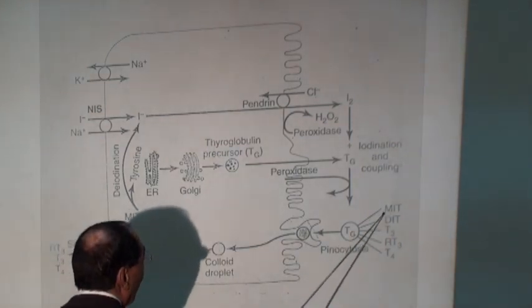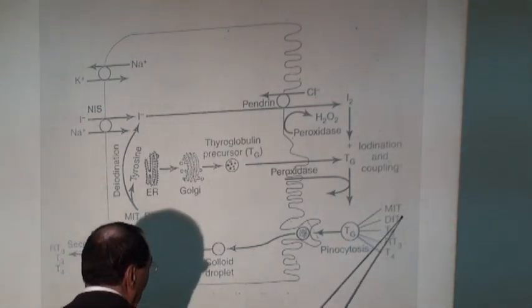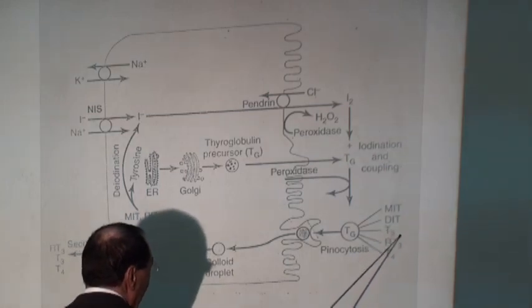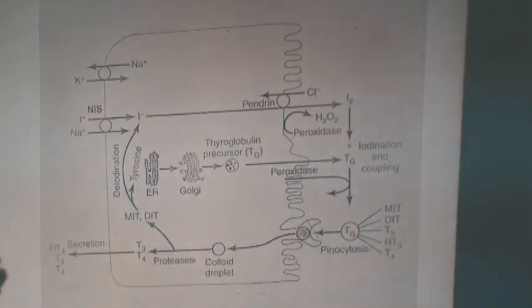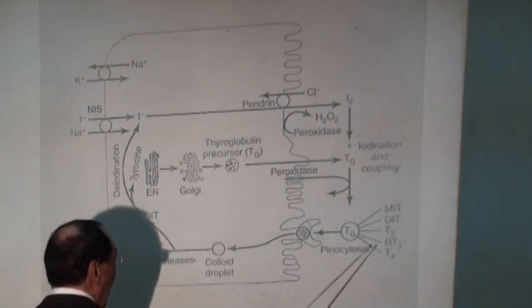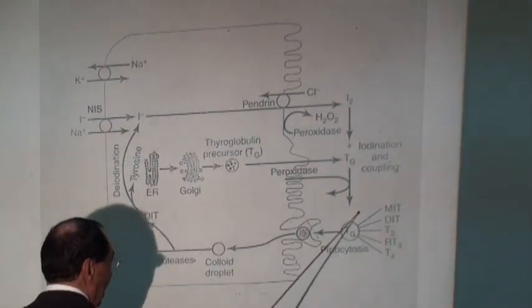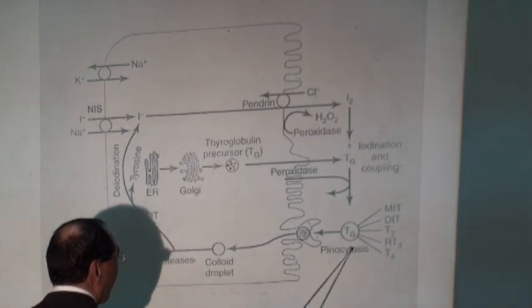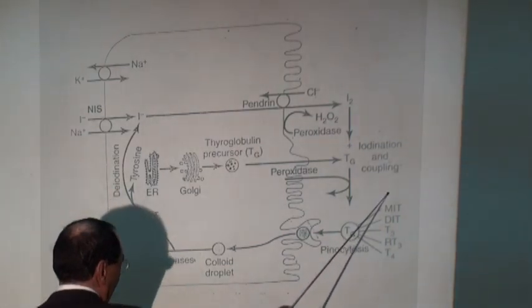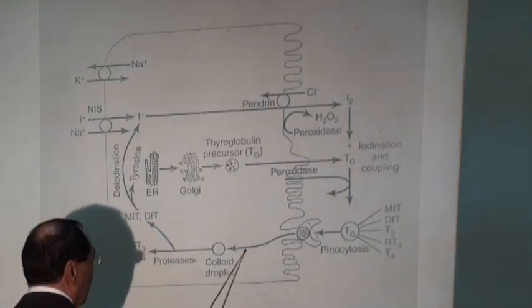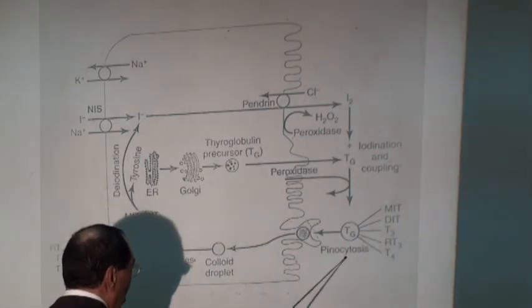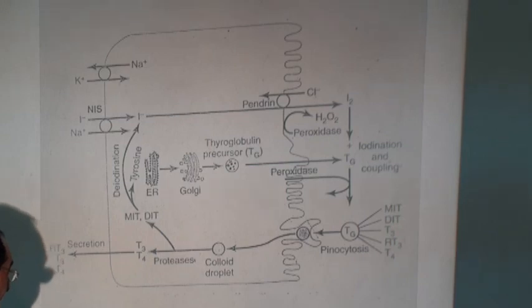You see, thyroglobulin in the colloid carries monoiodotyrosine, diiodotyrosine, T3, reverse T3, and T4. The thyroglobulin, having all these hormones or elements, is taken into cells by a process called pinocytosis.